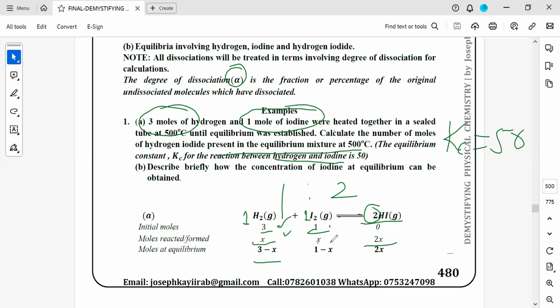Then we have 1 minus X for iodine. Then we have 0 plus 2X, which gives us 2X as the number of moles of hydrogen iodide at equilibrium. Remember, we've been given the Kc constant. Who can remind me how we can find the Kc? Which formula do we use to get the Kc for this reaction?